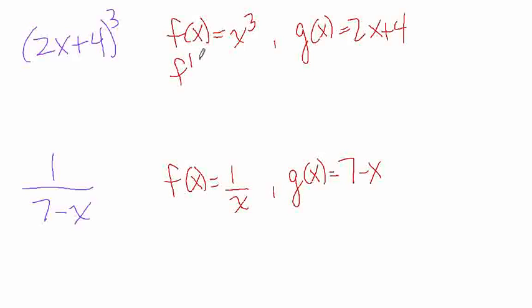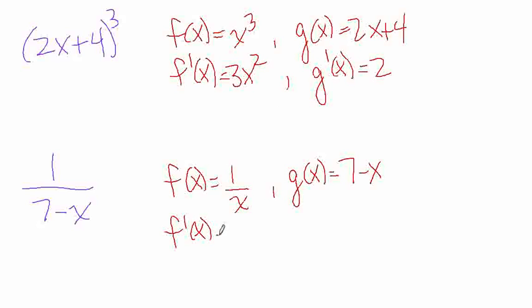So f prime of x is 3x squared. G prime of x is equal to 2. That's for the first one. For the second one, I don't know why I'm doing them both at the same time. G prime of x is minus 1. Now, again, what I was saying before, let's be clear. Now that we found f prime with respect to x, now we plug g into the f prime function.